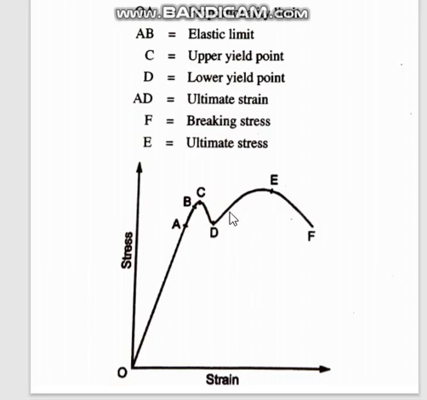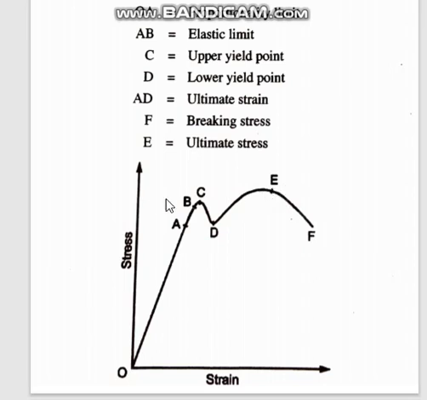And after that, further we see the graph will go like this, increasing, increasing, increasing. From B onwards, after B, it is increasing. That means, when you remove the load, it will not come back to its original shape. And here it will experience maximum load, that is called the ultimate point.